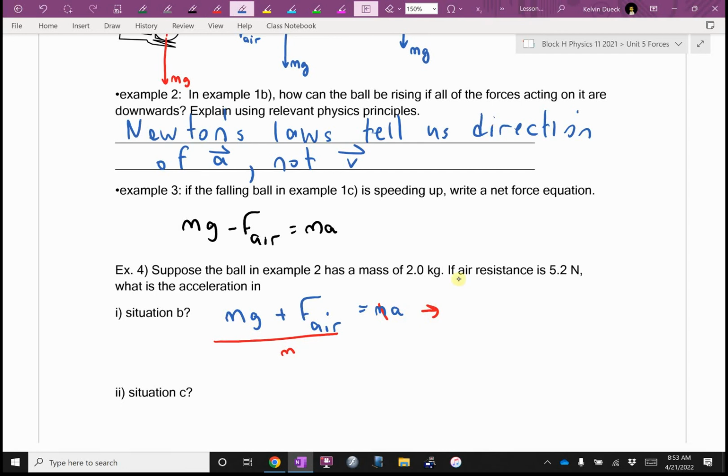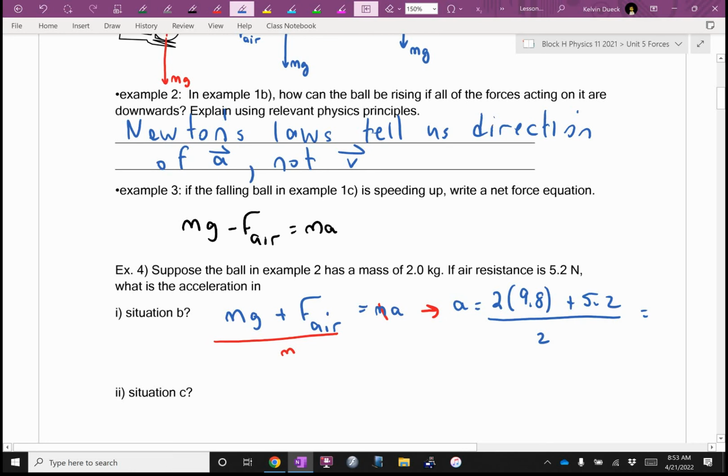So, A is going to be M2 G, 9.8, plus F air. They told me that in newtons, so I don't need to multiply it by anything. It's just going to be a 5.2 there, divided by 2. You have that one in your head, Mr. Dewitt?